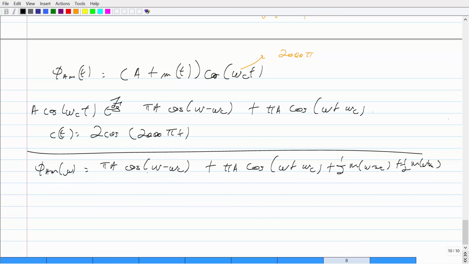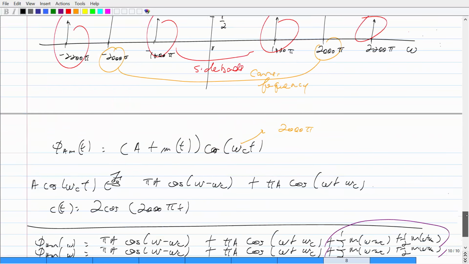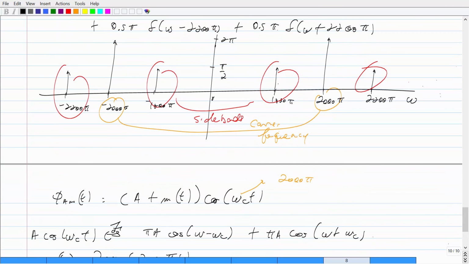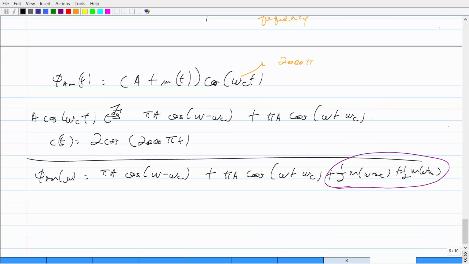Okay, so this I already know. But if you take a look at this guy, we notice that we have our spectrum, which is plus minus omega c, and it's also scaled by a half. So if you want to figure out what the original message signal is, you just take one of these, it doesn't matter which one, bring it back down by 2000 pi, and then you have to multiply by 2 to get rid of this scaling factor of a half. Okay, so the actual message signal will look like this.